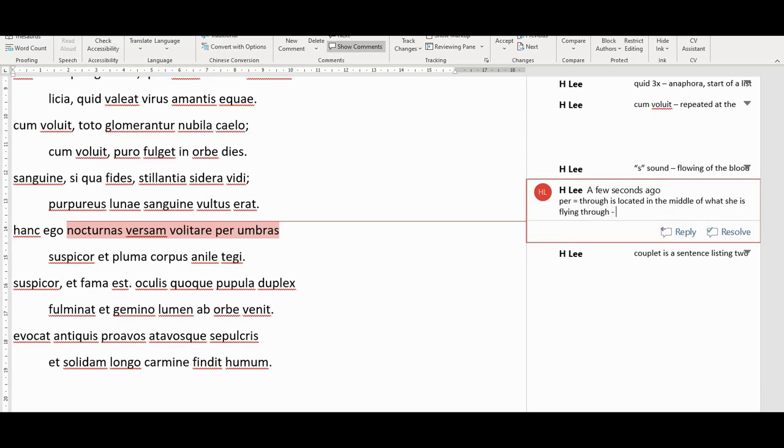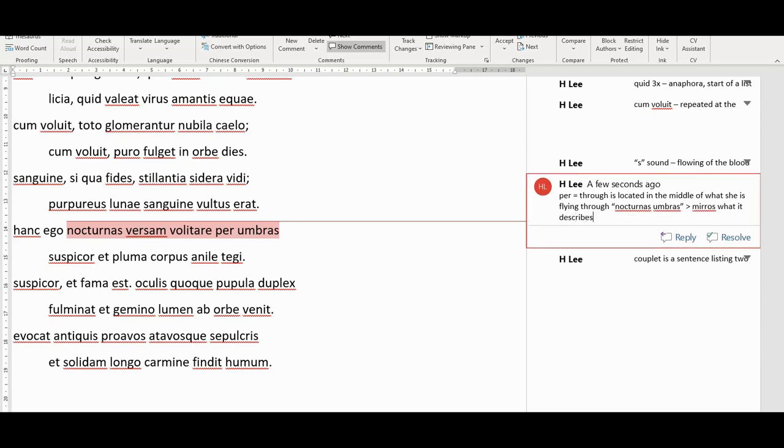That is to say that she's flying through the nocturnas umbras. She's flying through the nightly shades, right? And the word through actually goes in the middle between those two things. So it mirrors what it describes. The way that the words are ordered matches what he wants to say. I think that's quite wondrous.